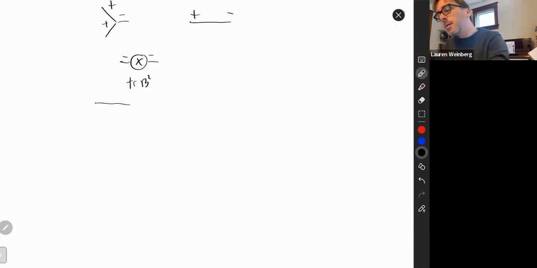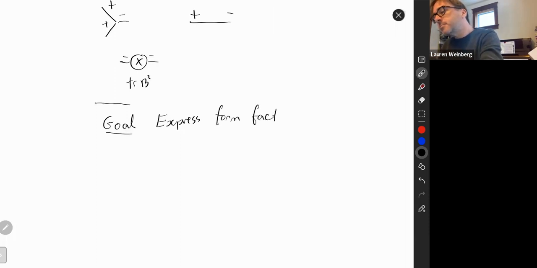Okay, so the goal is to express these form factors in terms of a chiral algebra, well, of a 2D CFT.